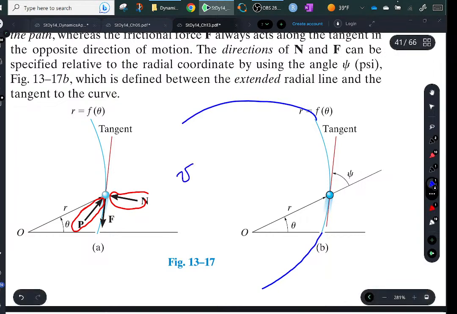Well, what is tangent to that path? The velocity is tangent to that path. So if I wanted to know that direction, and this was a unit vector that is tangent to the path, I would find the velocity and I would divide it by its magnitude.